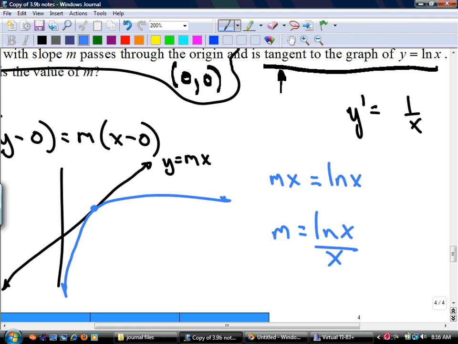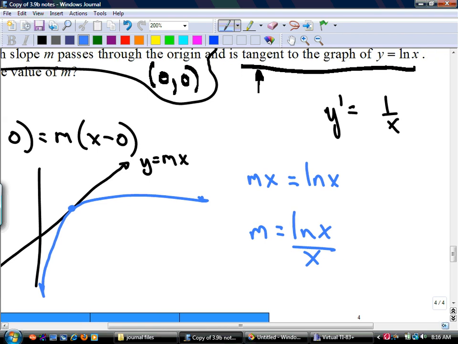Well, we know that curve intersects at that point. I don't even think we need to care. I think it's just what's the value of m? M is ln x over x. It says what is the value of m?